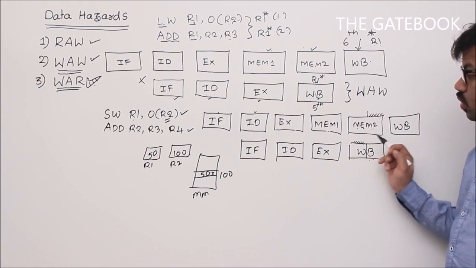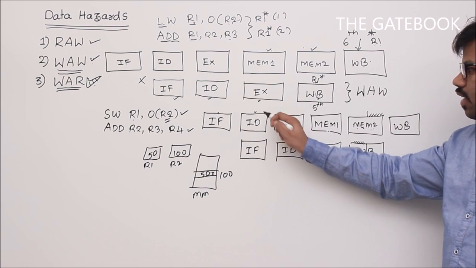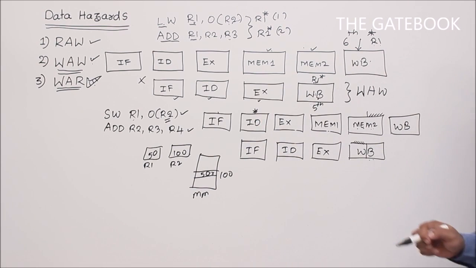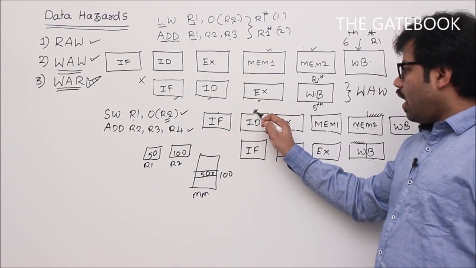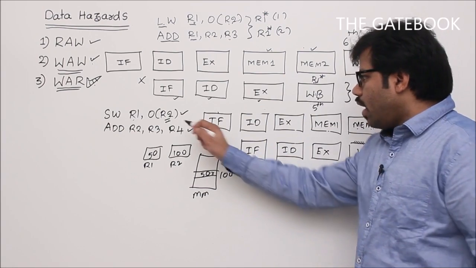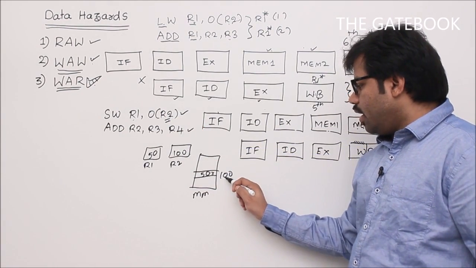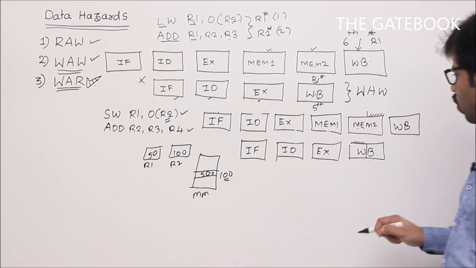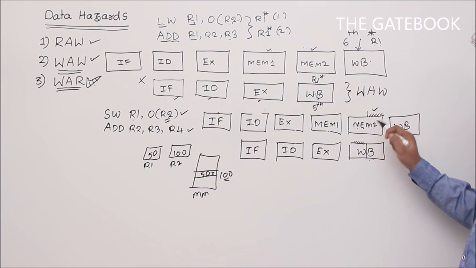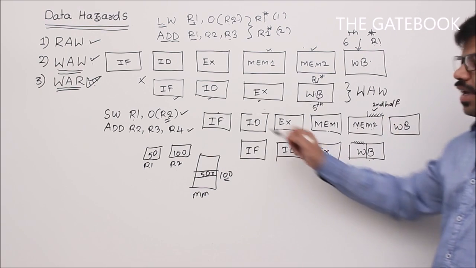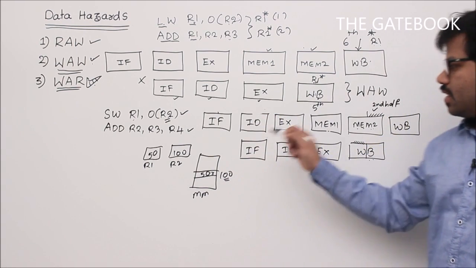Now assume that, rather than generally accessing registers in the decode stage, you are not accessing the register here. You want to go to memory location 100, for that you need register R2, but you are reading the R2 value in the memory stage, especially in the second half. That is the assumption. Then only can I explain the write after read hazard in this example.